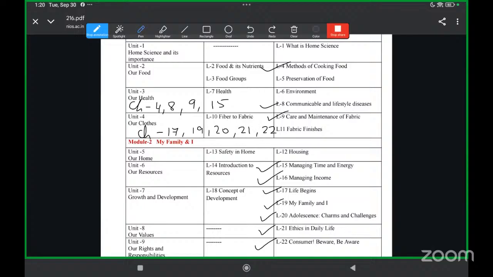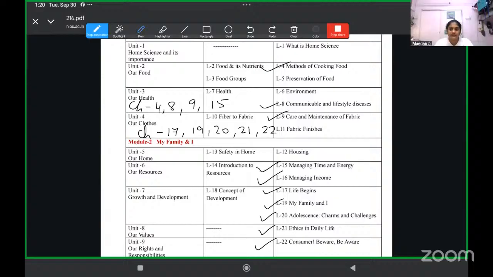This second exam will be 30th October. Tell me, shall I only keep 4 chapters or is 5 chapters not a problem? Yeah, 5 chapters, not a problem.